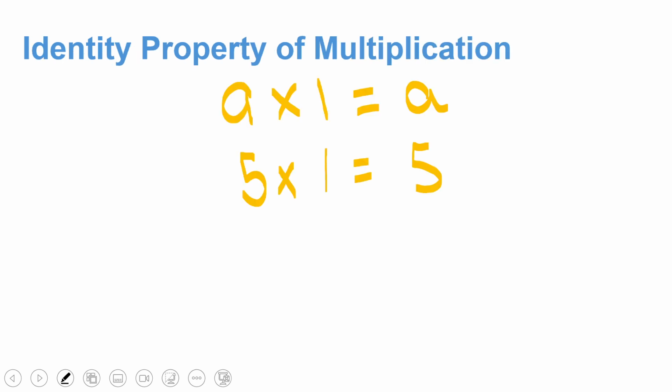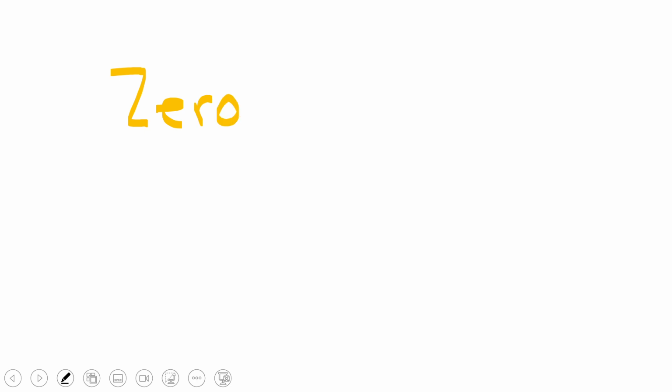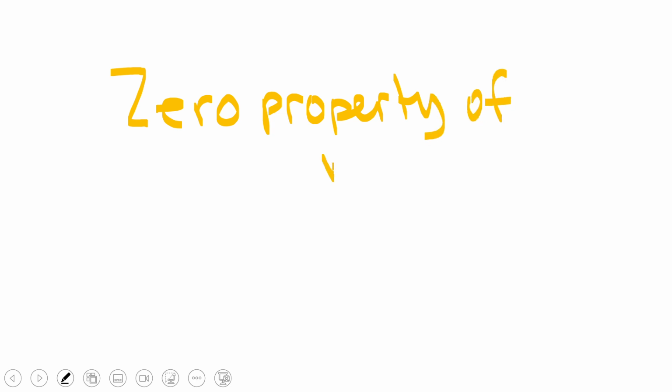Okay, there is a 0 property. So when I write this, we're looking at the 0 property of multiplication.